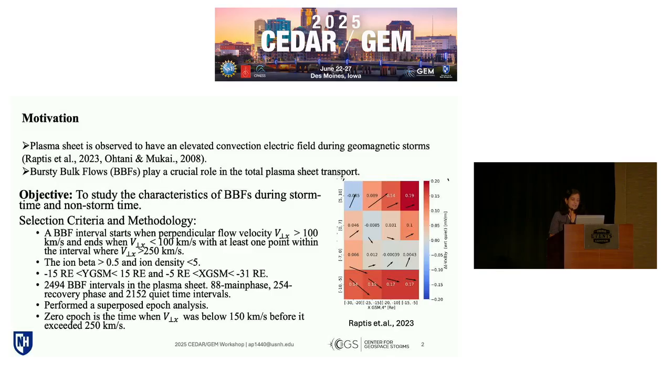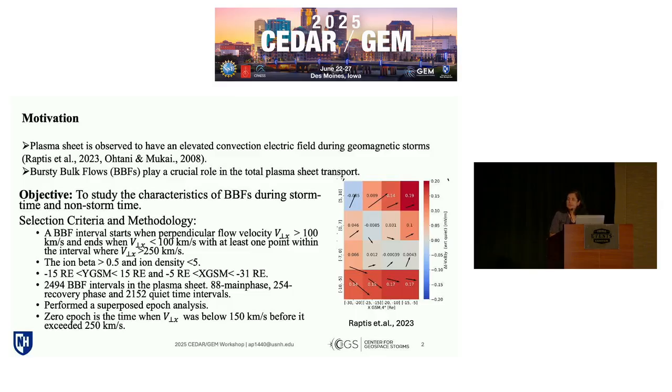And to ensure that the spacecraft is within the plasma sheet, we required that the ion beta is greater than 0.5 and density is less than 5. All these measurements were made within -15 to 15 Earth radii in GSM Y coordinate and -5 to -31 Earth radii in GSM X coordinate.